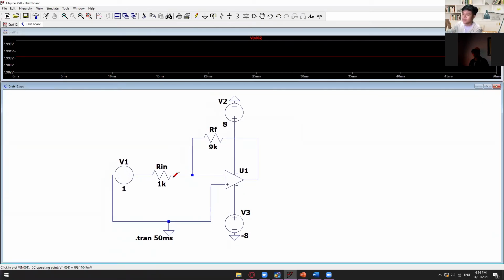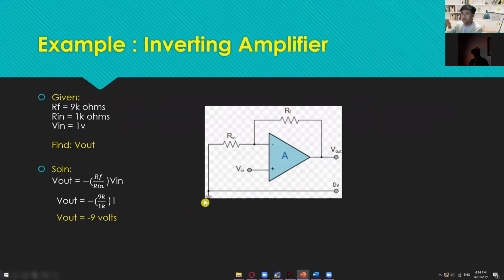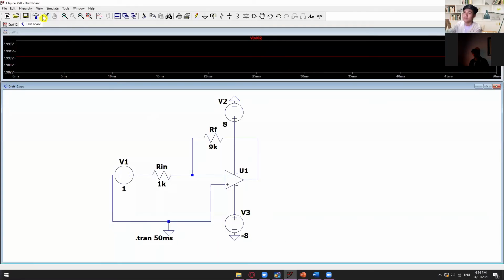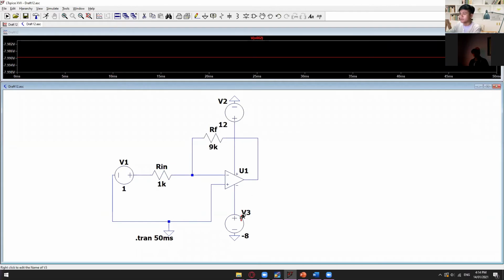In here, we expect to have negative 9 volts. So let's check whether the reading is negative 9 volts. Oh, it should be higher than 9 volts.